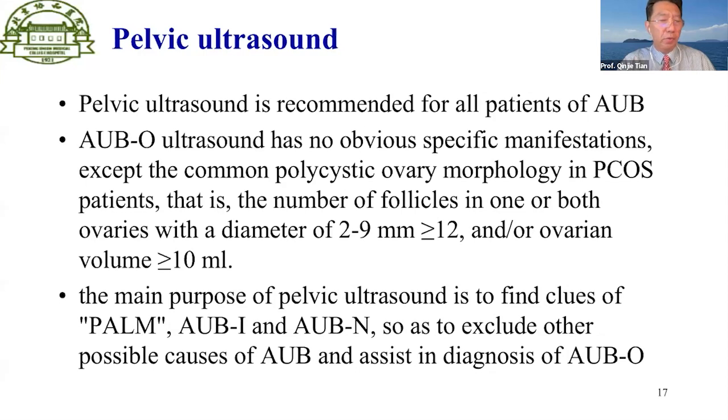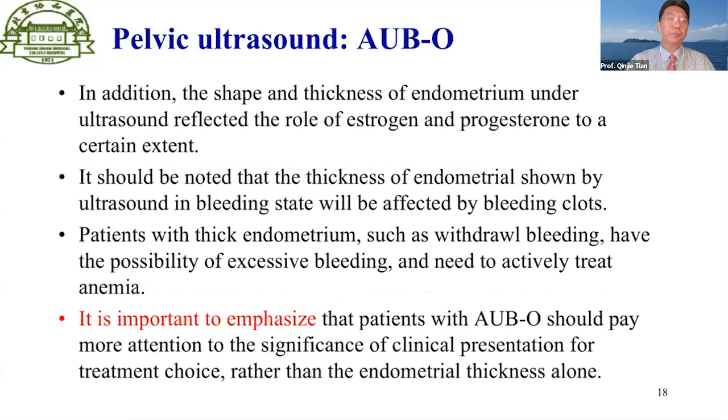This aids in ruling out other potential causes of AUB and facilitates the diagnosis of AUB-O. Furthermore, pelvic ultrasound provides insight into the morphology and thickness of the endometrium, serving as an indicative measure of the influence of estrogen and progesterone.